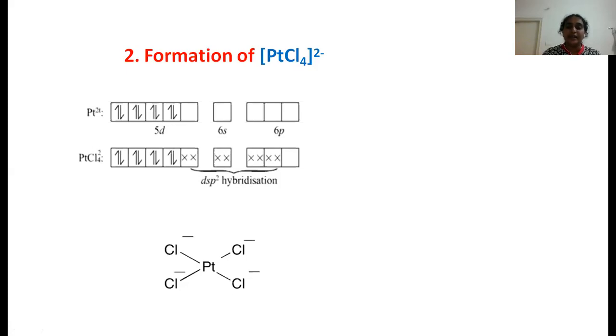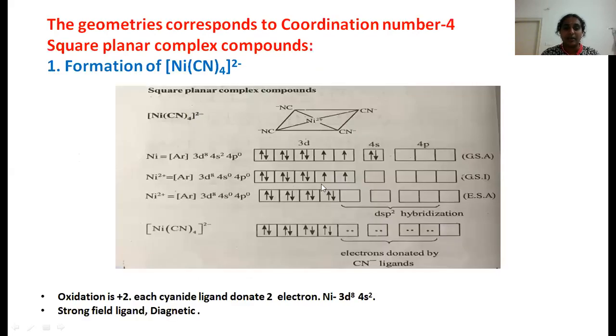In this complex, which has 4 minus from the ligands and 2 minus overall, x minus 4 equals 2 minus, so the charge on platinum is +2. Whenever we remove the 2 electrons from d8 s2, it becomes d8, which is 1 2 3 4 5 6 7 8.